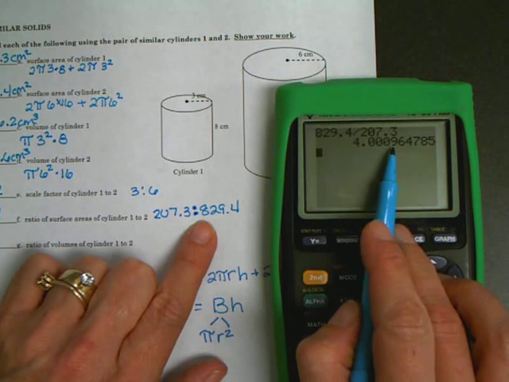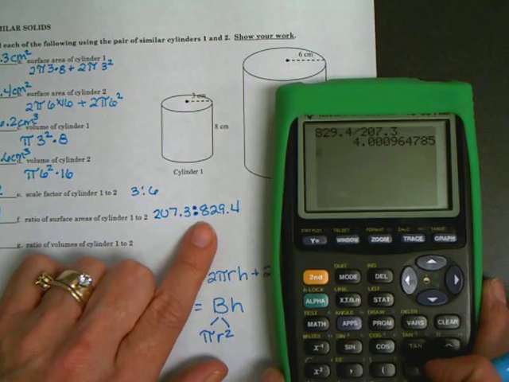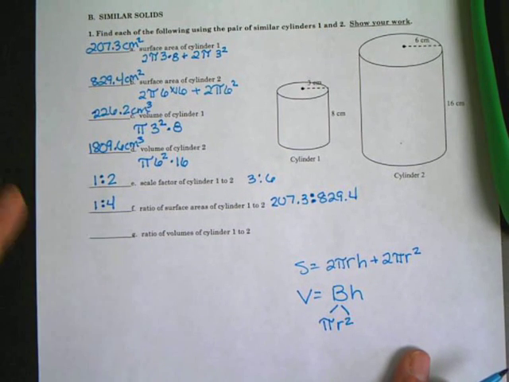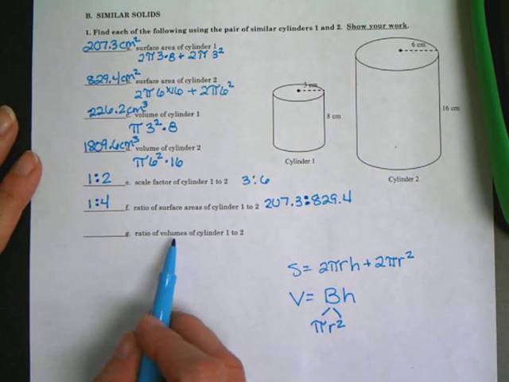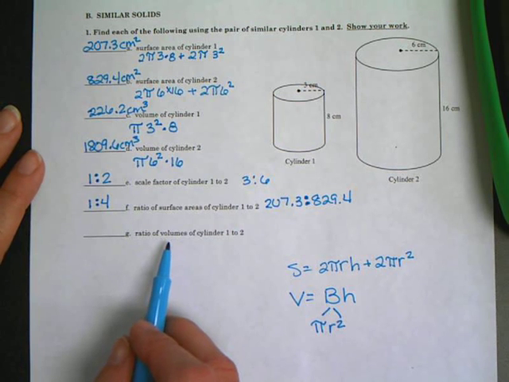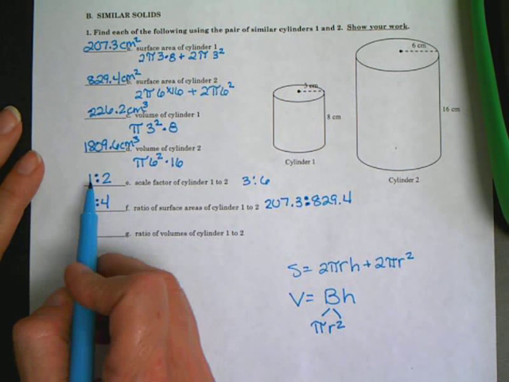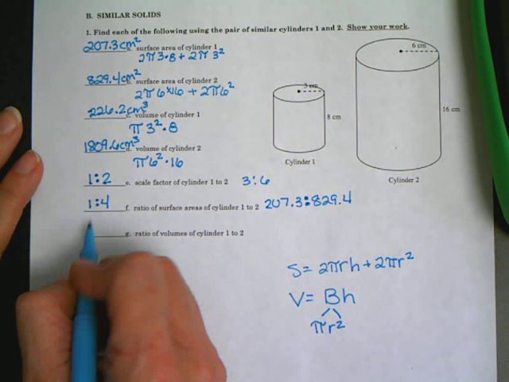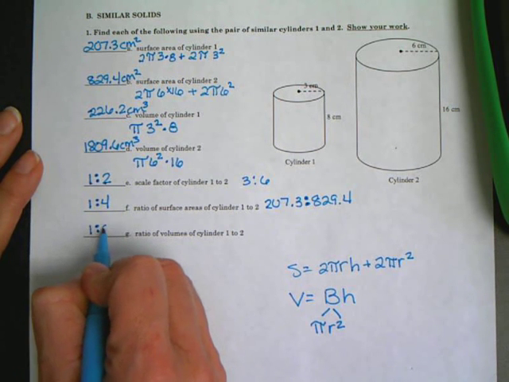The ratio of the volumes. Now, volume's three-dimensional. So what we do is we'll take our ratio of our one-dimensionals to the third power. So this would be 1 to 8, which is 1 cubed to 2 cubed.